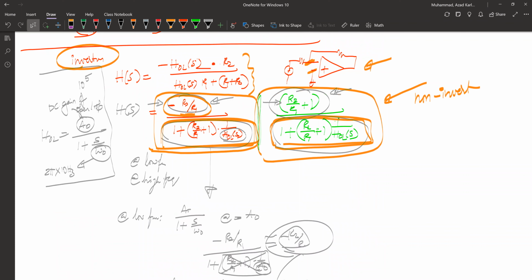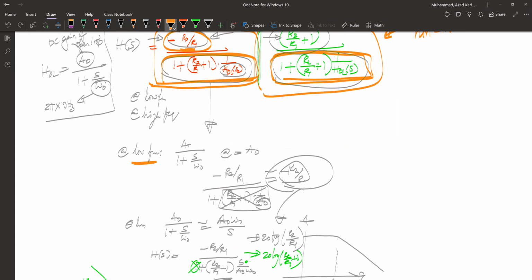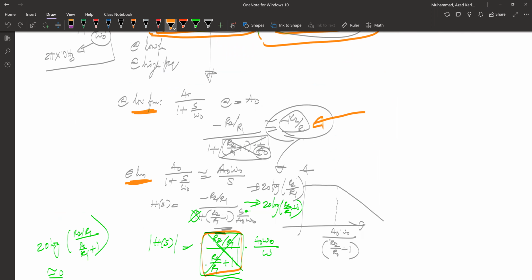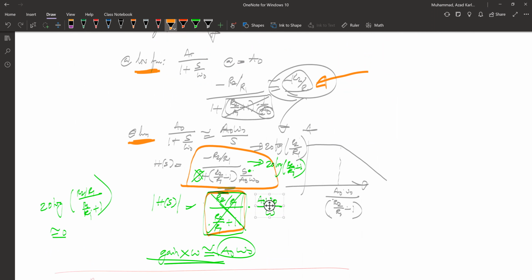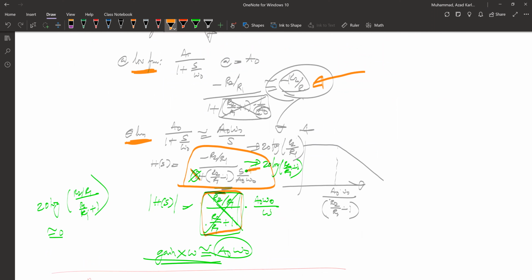So this is the transfer function. I'm doing the same low frequency approximation, which looks like an ideal gain of negative R2 over R1. And I'm doing the high frequency approximation, which looks like this. At high frequencies, S is very large, so I can ignore 1, and I come to this expression. Here I make one more assumption that R2 over R1 is pretty similar to R2 over R1 plus 1.